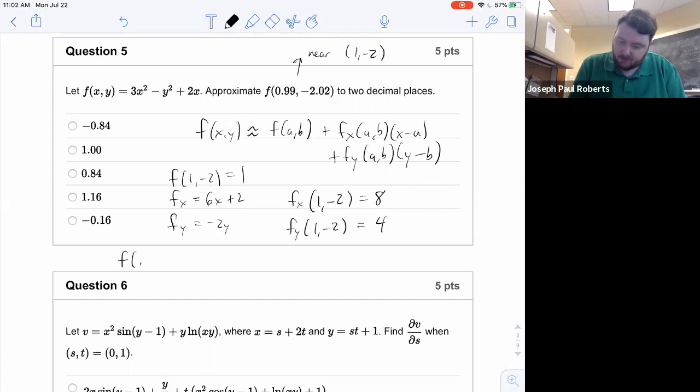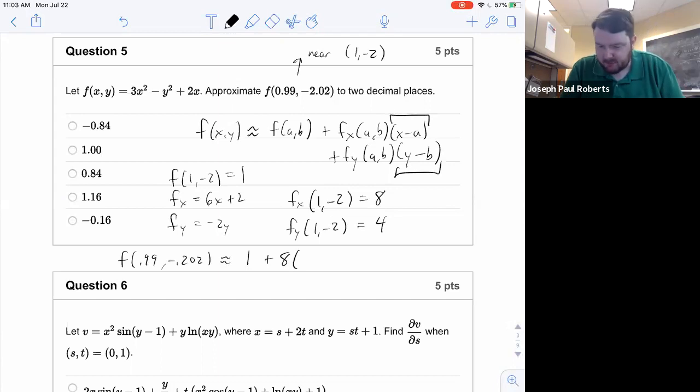So f of 0.99, minus 2.02 is approximately, well, f of 1, minus 2 is 1 plus 8. So you could think about this as delta x and delta y. So just say to yourself, okay, how much has x changed?